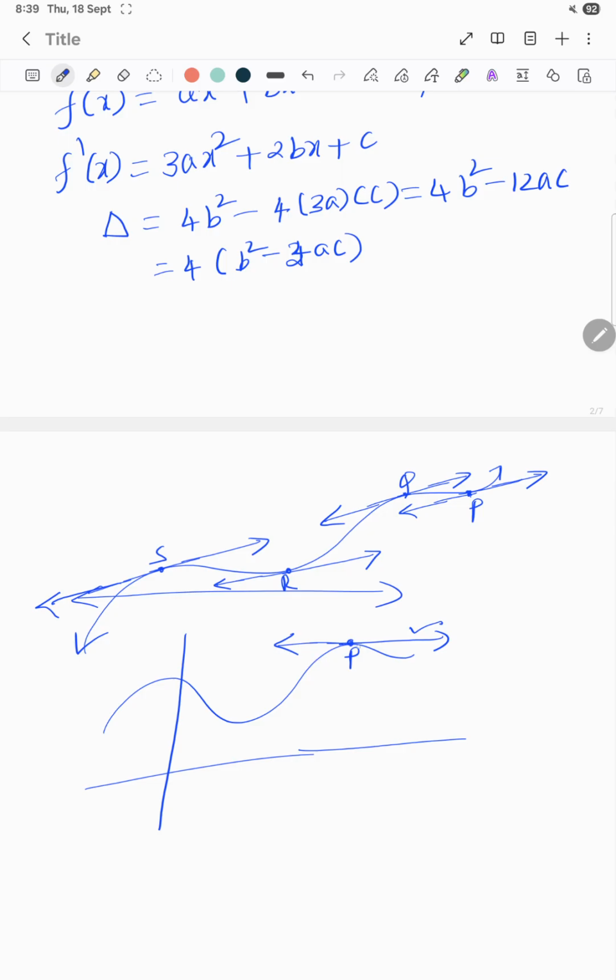Now if we draw a tangent parallel to the x-axis, we know the slope concept: the slope of the tangent is 0. That means if the derivative of any function at any point is 0, the slope of the tangent at that particular point is 0. You should understand this concept. We are going to use this concept in the problems in this topic.